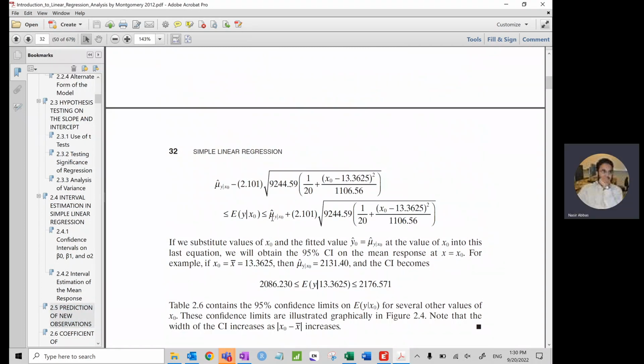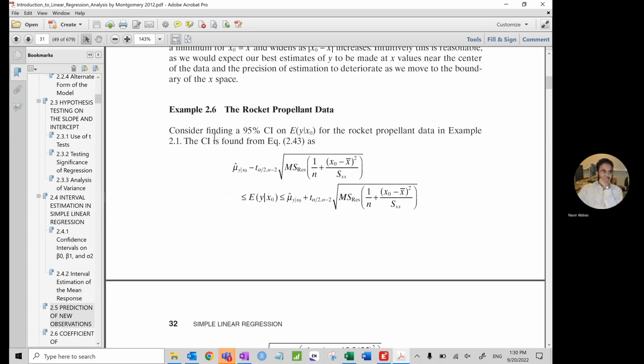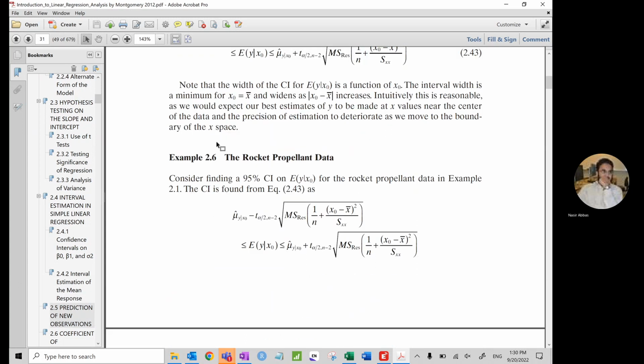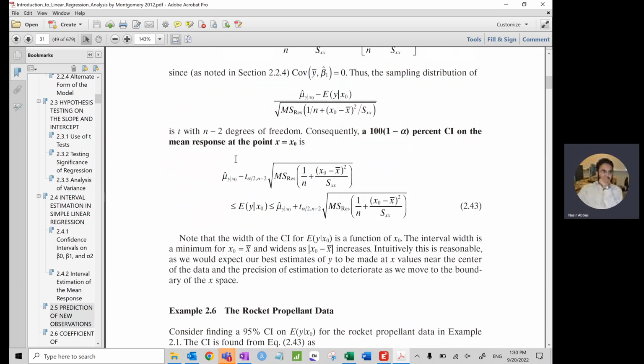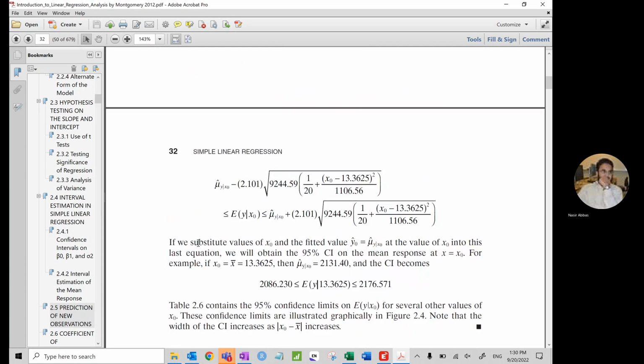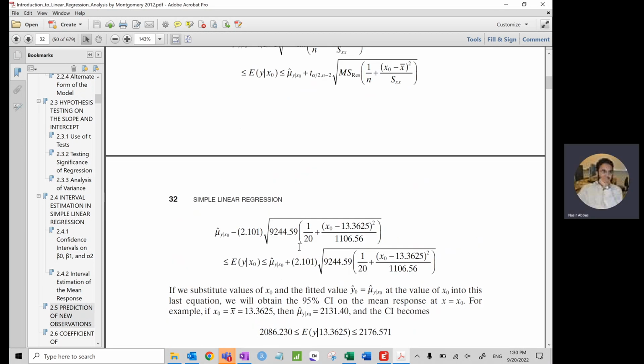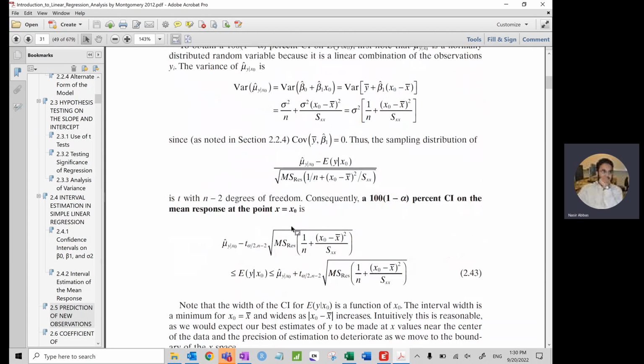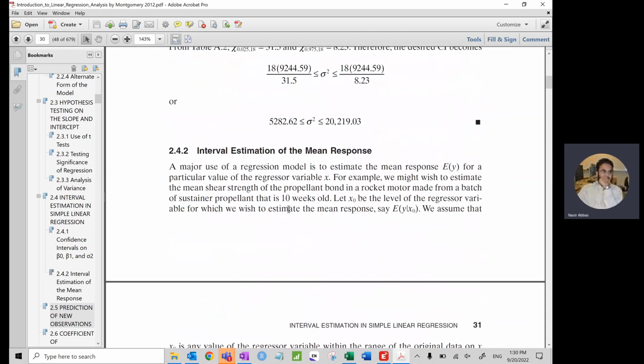This one is calculating for x naught to be, what is the value of x naught they are using? Where is x naught? X bar equals 13. That's x bar, but where? What is the question about x naught? Where are they? X naught equals X bar. Where? 13.